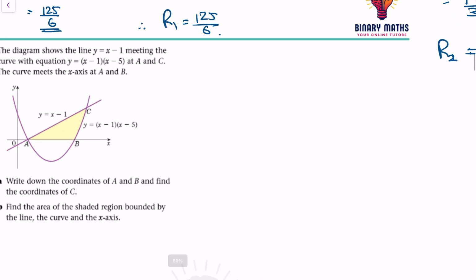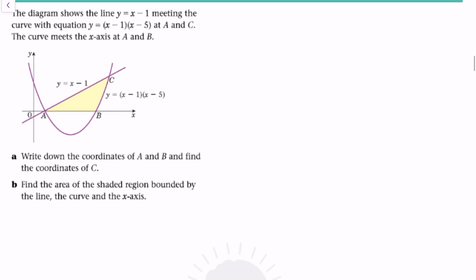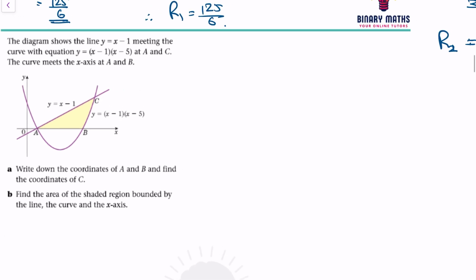It says the diagram shows the line y is equal to x minus 1 meeting the curve with the equation y is equal to x minus 1 times x minus 5 at A and C. The curve meets the x-axis at A and B. Write down the coordinates of A and B and find the coordinates of C. So A and B are quite easy. All you need to know is the roots.